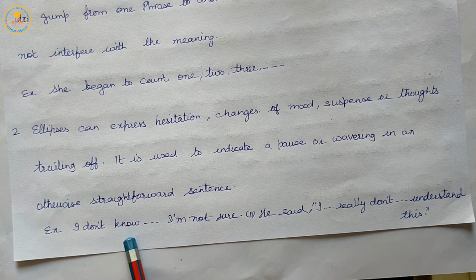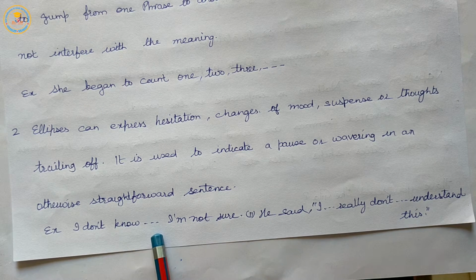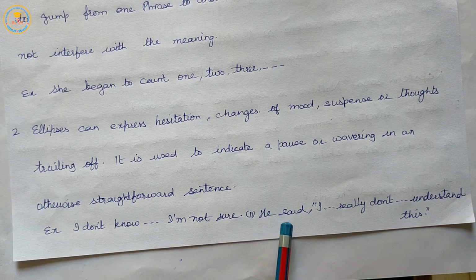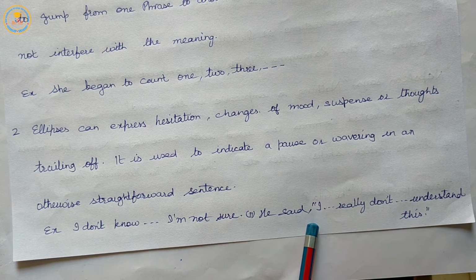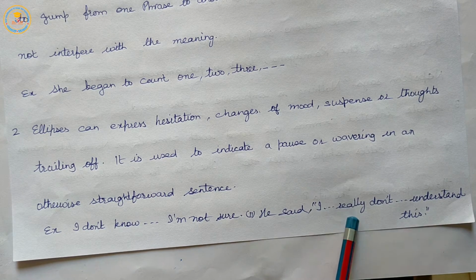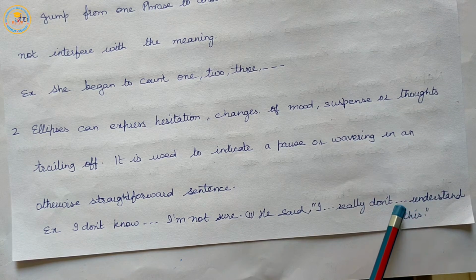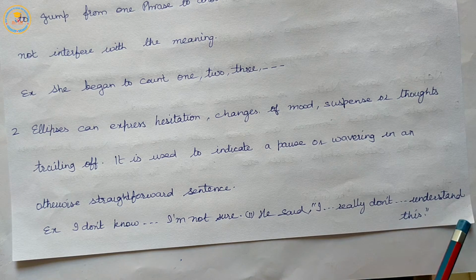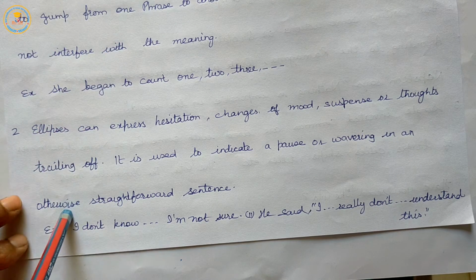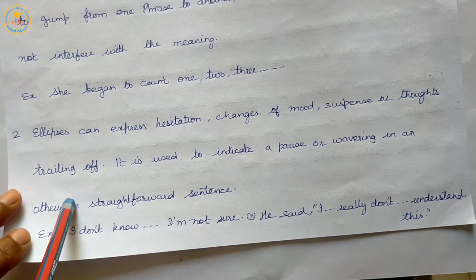Example: I don't... I am not sure. Second, he said, comma, inverted commas begin, "I... really don't... understand this," full stop, comma, closed. So this is quite difficult to understand.